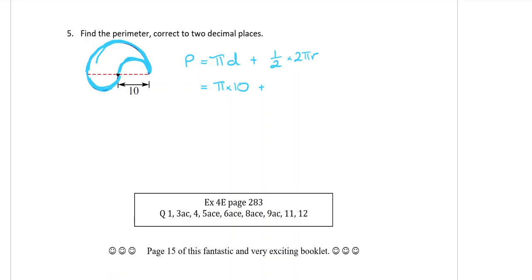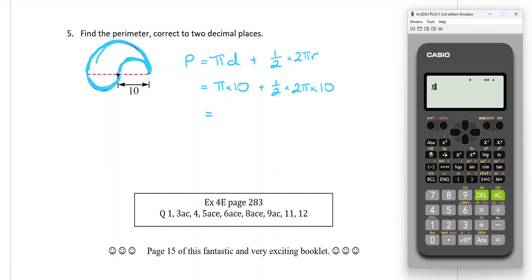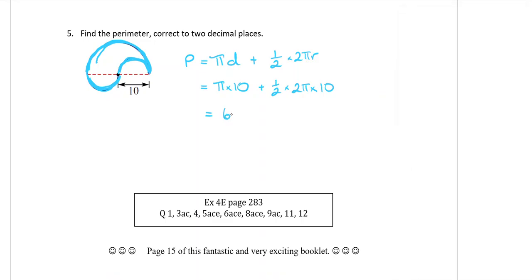Then plus, for my half a circle, I have half times 2 pi times the radius of my big circle, which is 10. Then I just want to type that in and get it to 2 decimal places. Pi times 10 plus half times 2 pi times 10, which is 62.83. And we don't actually know the units for that, so we'll have to leave it like that.